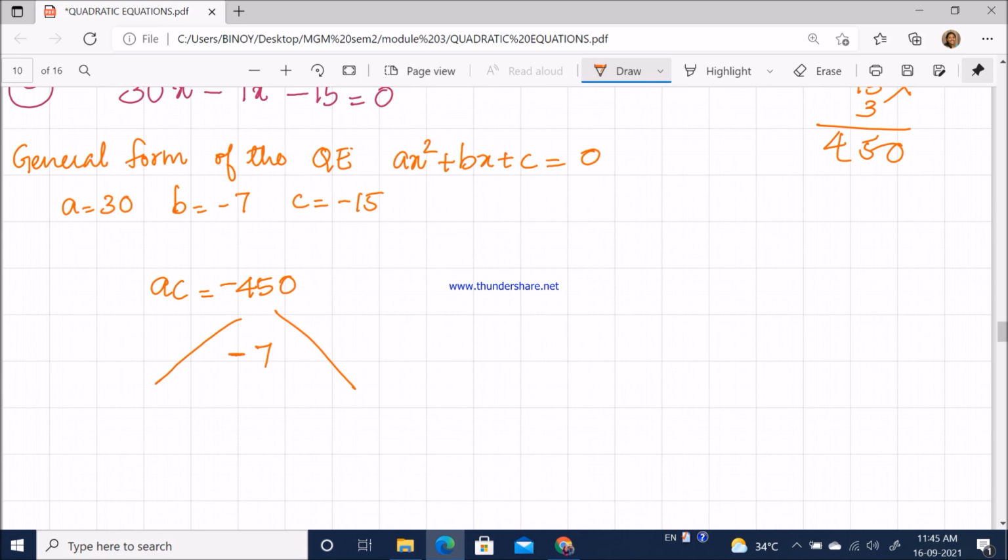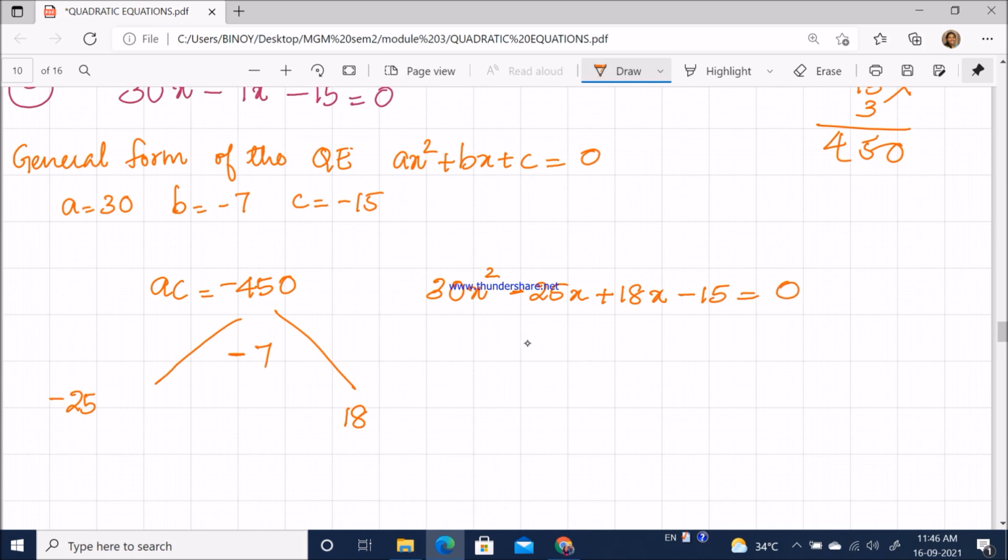So it will be minus 25 and plus 18. Okay, so now it is 30x square, instead of minus 7x we will write minus 25x plus 18x minus 15 equals 0.